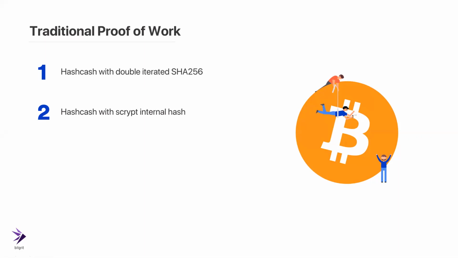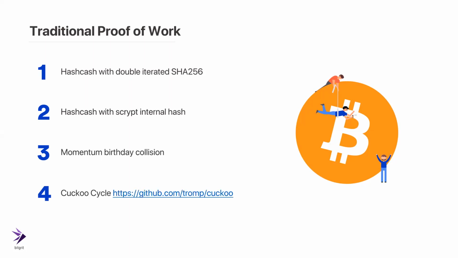It is slower to verify, and the cost of one iteration verification of this scrypt is far more than double SHA-256 hashes. The third one is called momentum birthday collision, and the fourth is cuckoo cycle, and you can find that on the GitHub link which I've provided. You can visit this link and see the algorithm has actually been posted as code there.